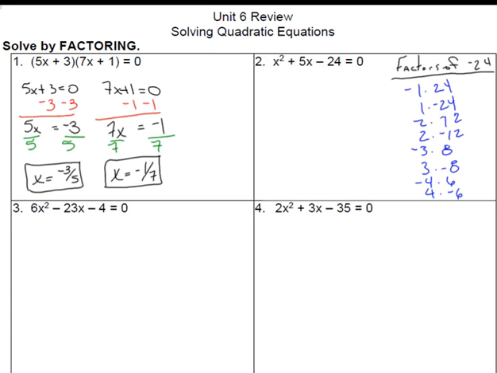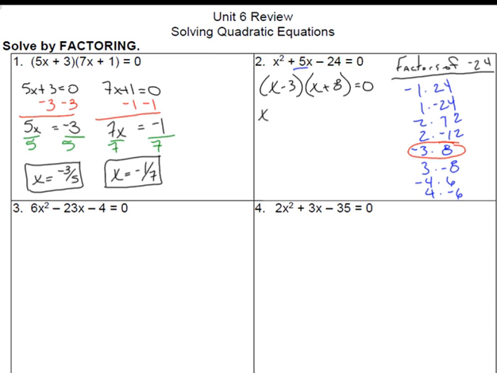Now I need to find which pair of factors will add together to give me a positive 5, which is negative 3 times 8. So this one's factored form is x minus 3 times x plus 8, and that's equal to 0.